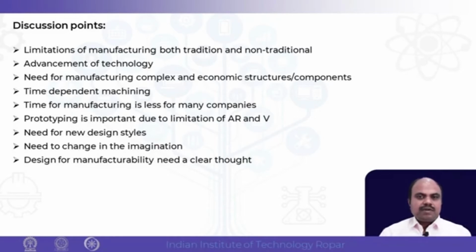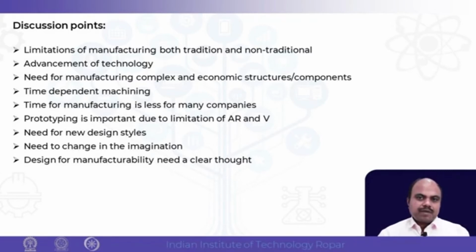So the need for making complex shapes which are economic is right now. There are a lot of designers who are moving towards designing products which are complex in design and more ergonomic.